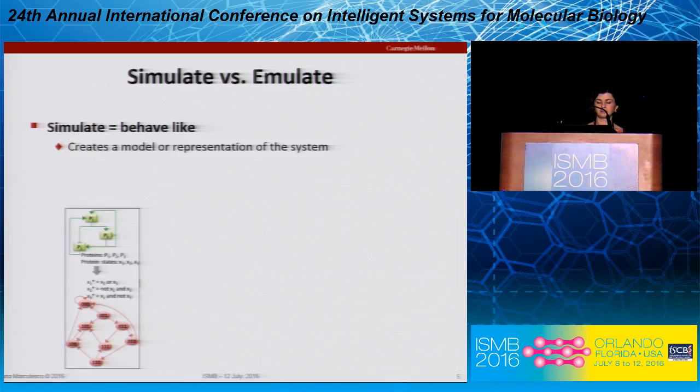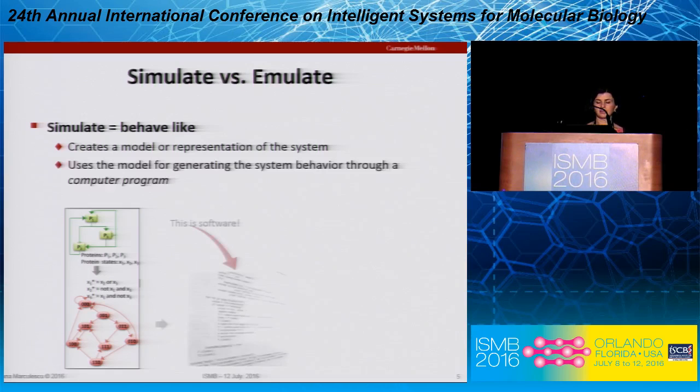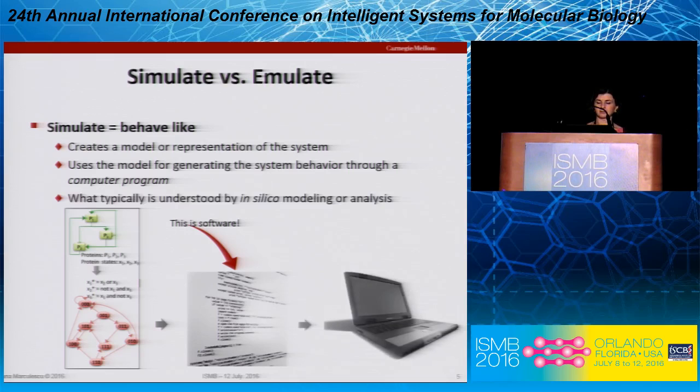So for example, if you have a protein-protein interaction network here, you can determine, in this case, a logical model, and then you come up with a computer program that allows you to model the dynamic trajectory of this model for various initial conditions and other types of perturbations that you're looking at. And this is what we typically understand through in silico modeling or analysis.